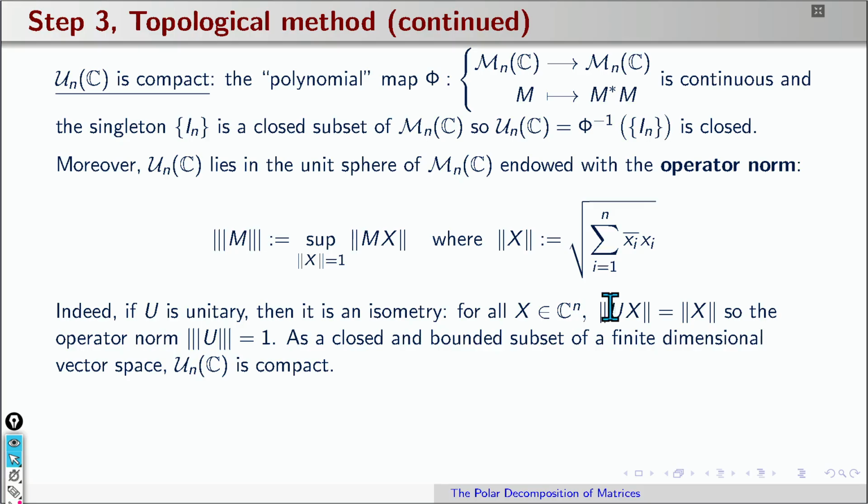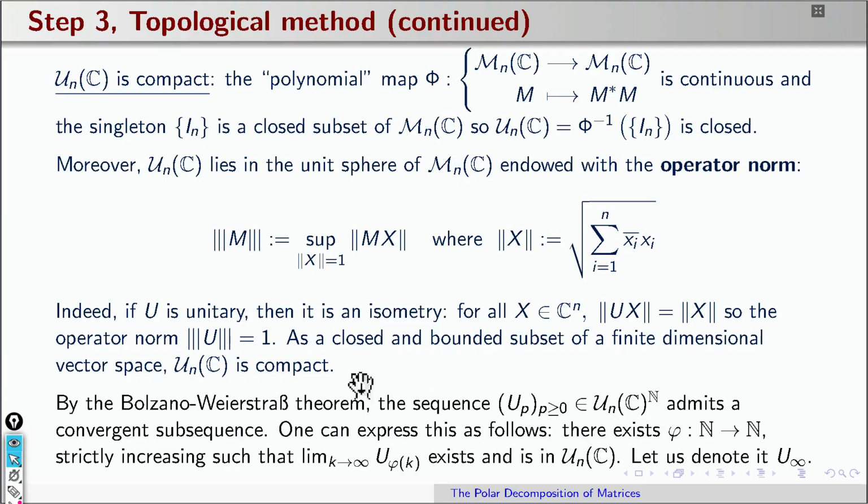So if I consider the maximum when x is in the sphere, it will just give 1. So the operator norm of U is 1. So every unitary operator is in the sphere of norm 1 of complex matrices. So the set of unitary matrices is closed and bounded.